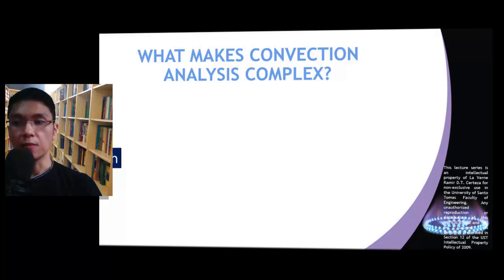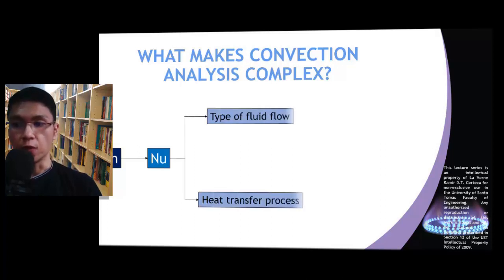We have already established that the convection heat transfer coefficient is directly related to the Nusselt number. But determining the value of the Nusselt number is not that straightforward since its value is strongly influenced by two major factors: the type of fluid flow and the convection heat transfer process type.